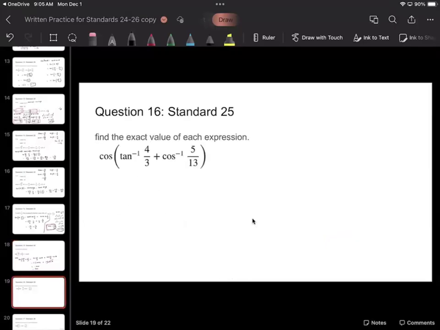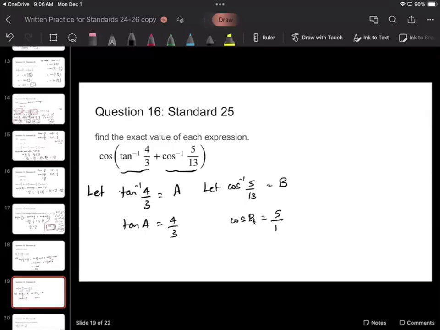All right. Tan inverse of... so basically what I'm going to do here is, the inverse trig functions are angles. So I'm going to say let tan inverse of 4/3 be some angle A, and I also will let cosine inverse of 5/13 be some angle B, which means tan A is 4/3 and cosine B is 5/13.